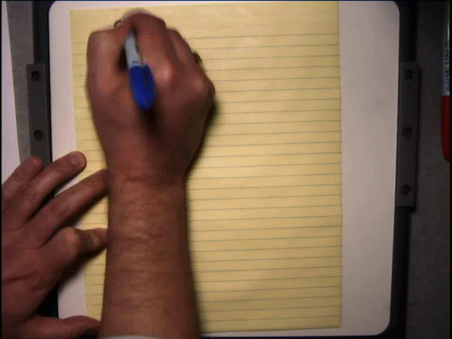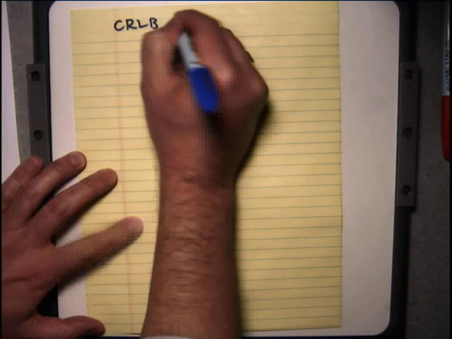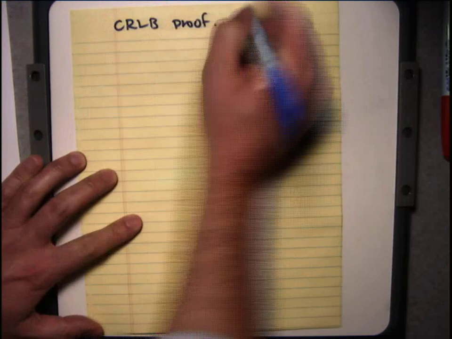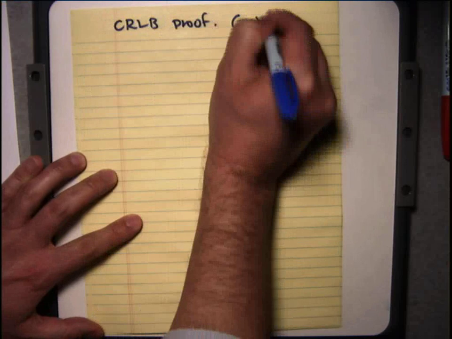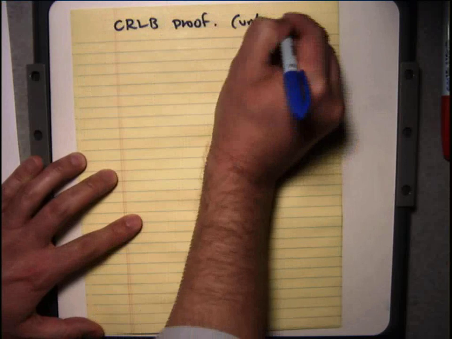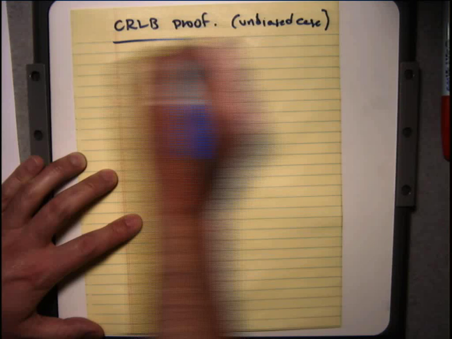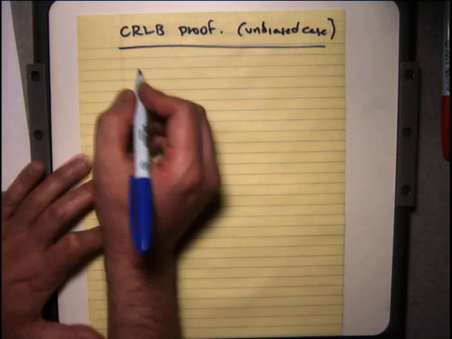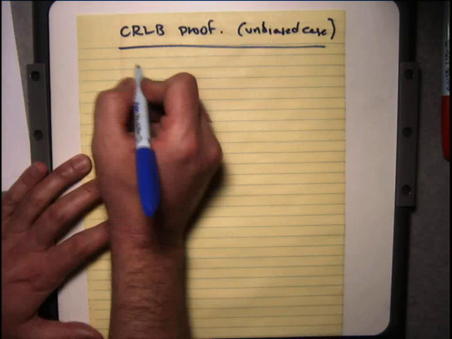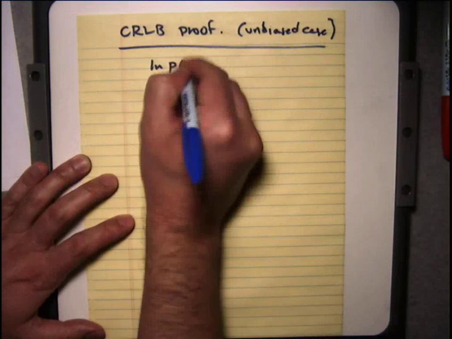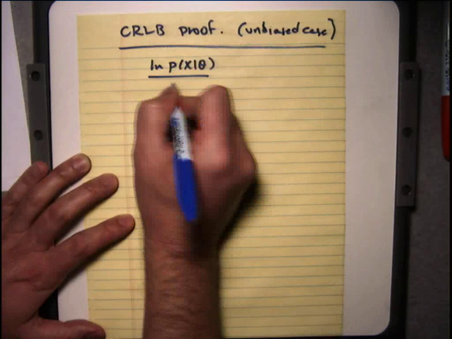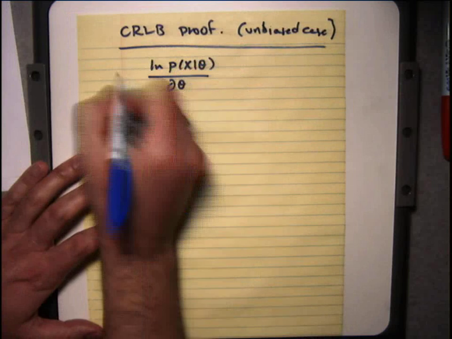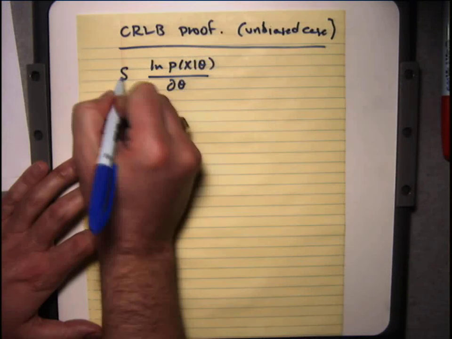So let's now try to understand the Cramer-Rao bound proof. Again, I'm going to do this for the unbiased case. In order to do this, there's a couple of things we first need to define. When you take the derivative of the log of the PDF with respect to the parameter, this is called the score function.